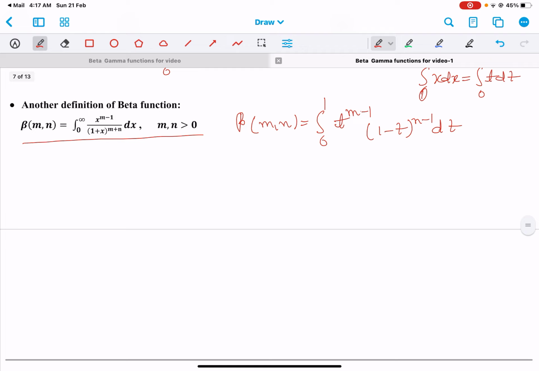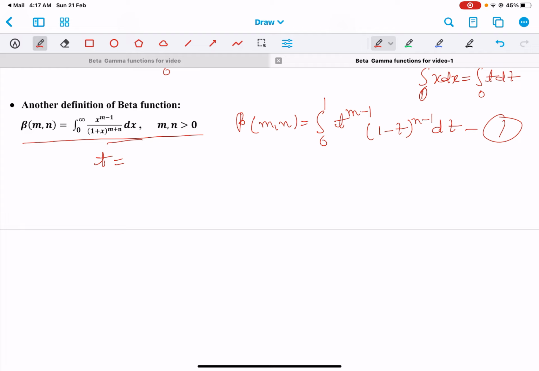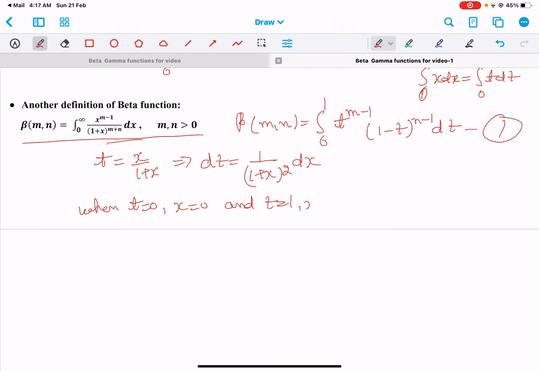So to get this expression from my definition given by equation 1, let me put t equal to x upon 1 plus x. This will imply that dt equal to 1 upon 1 plus x whole square dx. Also when t equal to 0, x equal to 0, and when t equal to 1, then x tends to infinity. Why?